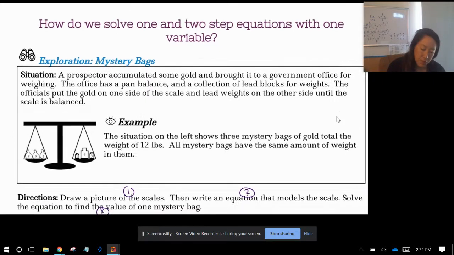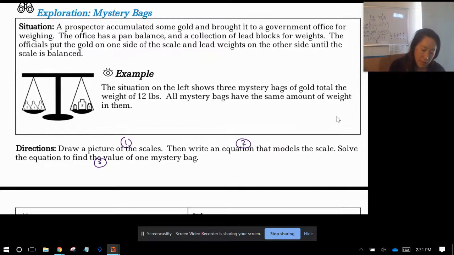All right, the situation. A prospector, that's a gold digger, accumulated some gold and brought it to the government office for weighing. The office has a pan balance, which is like this, and a collection of lead blocks that we use for weights. Those. The official put the gold on one side of the scale, and the lead weights on the other side of the scale until the scale is balanced.